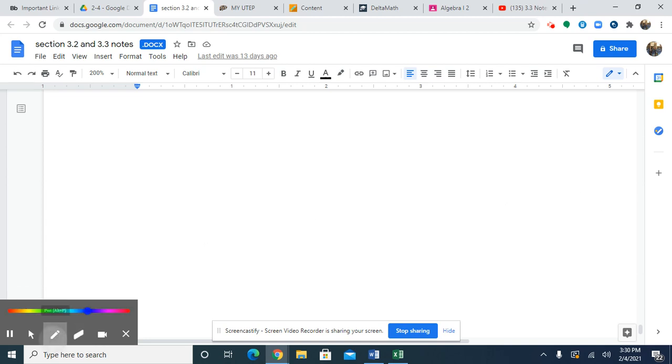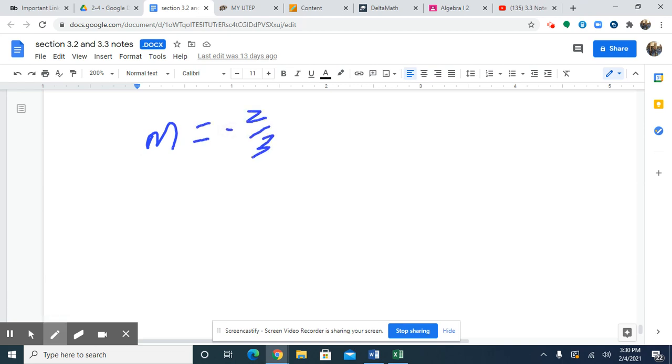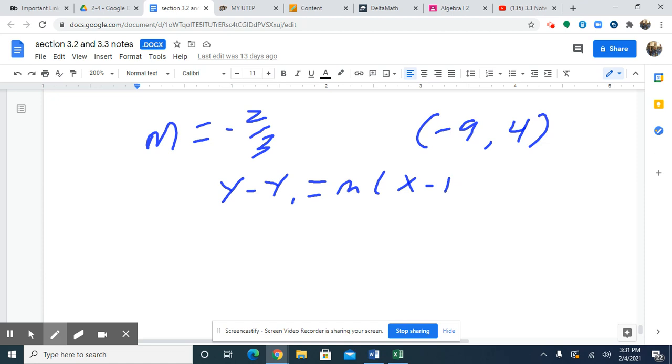Say I have a slope of negative 2 over 3 and a point of negative 9 and 4. Using the point slope formula, we can write an equation for this line. So let's start by labeling our points.